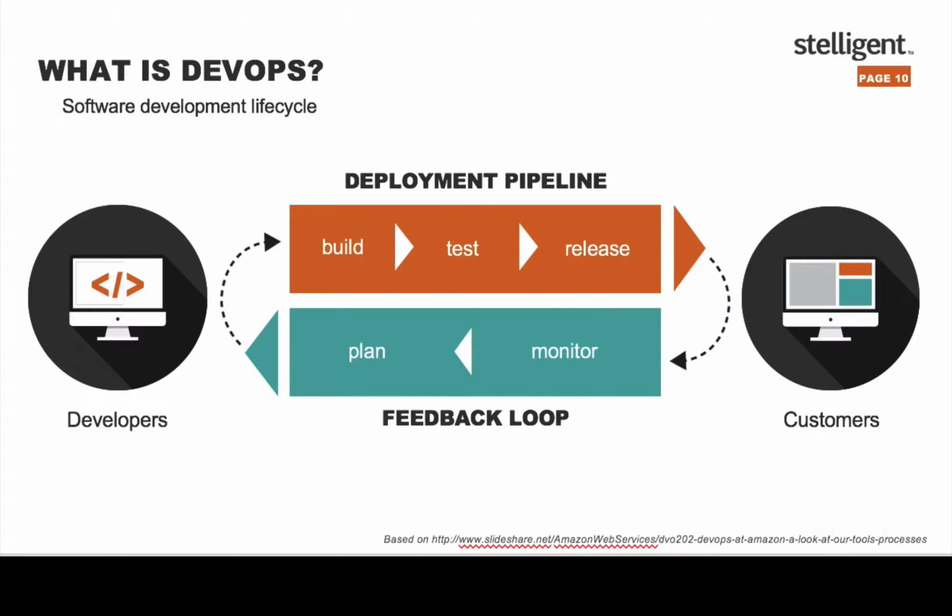The slide you see here is based on something AWS has done, and what they often do is relate it to something you might already be familiar with, the software development lifecycle. Let's imagine you have a web application or a service, with customers on one side and developers on the other. A developer might come up with an idea for a new feature or a fix, implement it, build it, test it, run analysis and set up environments, and run it through a release process until it gets delivered to production.